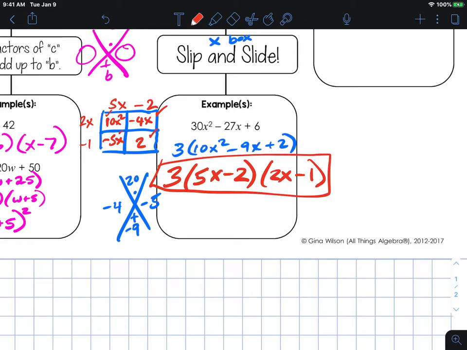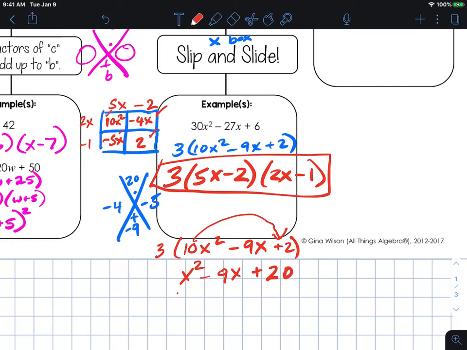Well, we took our 3 out there like that as our GCF. We had our 10x squared minus 9x plus 2. And at this point, remember what we did? We take the 10 and we slide it over, multiply it by the 2, and say that is x squared minus 9x plus 20.